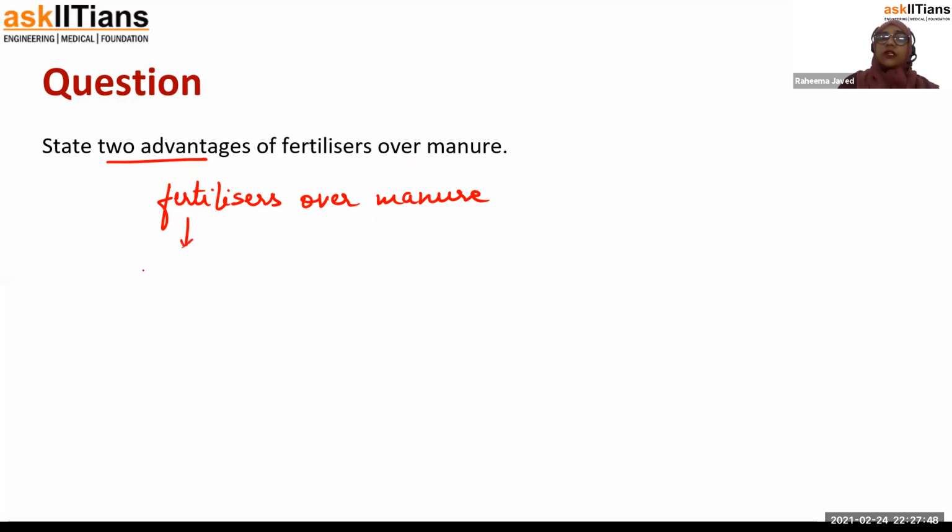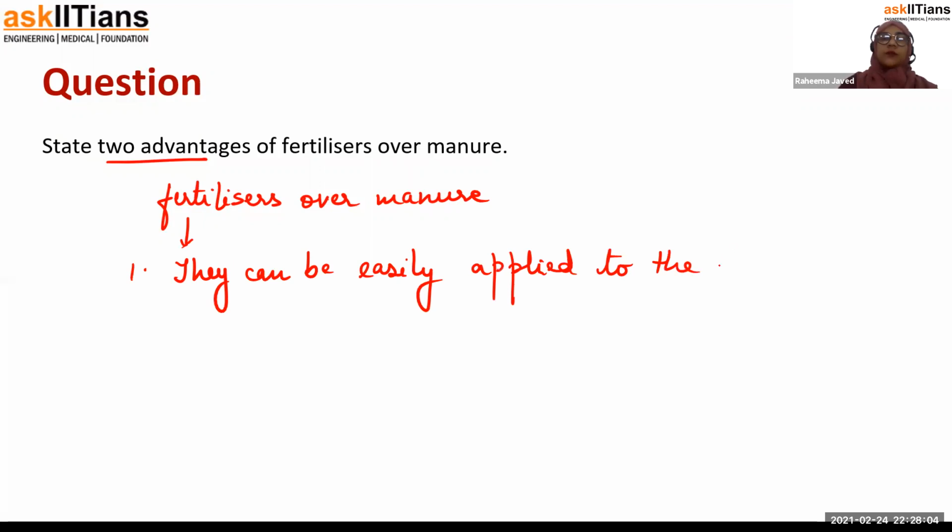First of all, fertilizers can be easily applied to the plants, applied to the crops. Okay, and second of all, fertilizers are used according to the specific needs of the crop.